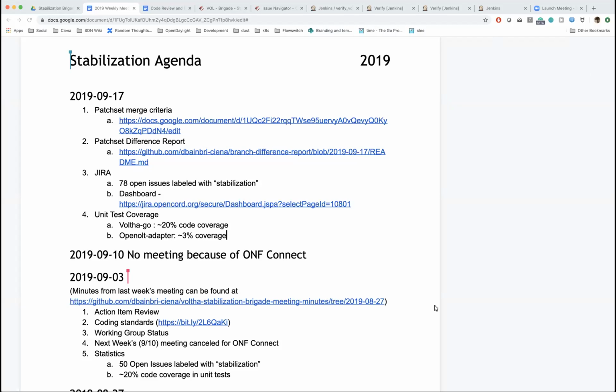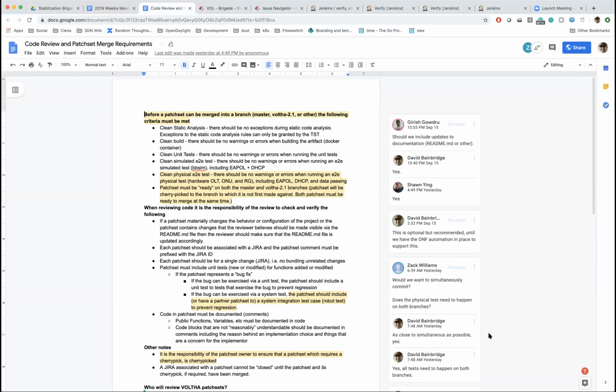And one thing we've been talking about is how do we improve different capabilities around our patch set merging, making sure that we improve overall the quality of our patch sets being merged or how we merge them, kind of the process, as well as making sure that we help ensure cherry picks as we go back and forth and get new cherry picks. So this document was produced out of that meeting.